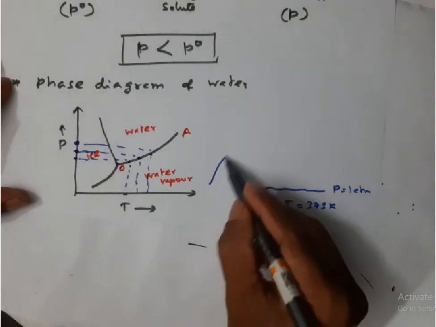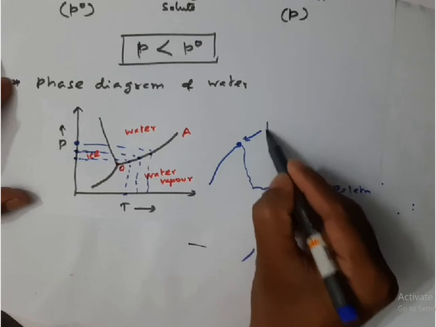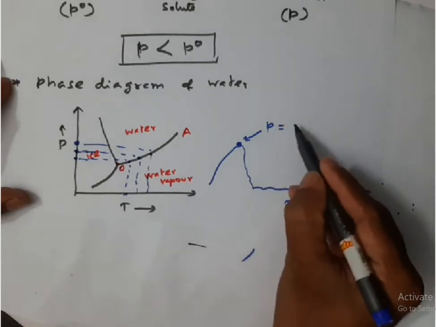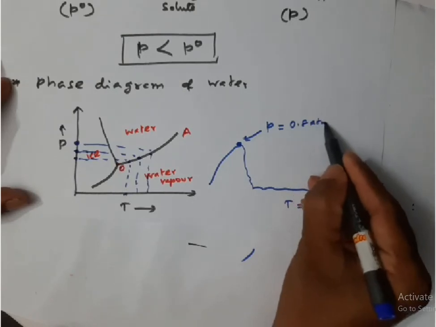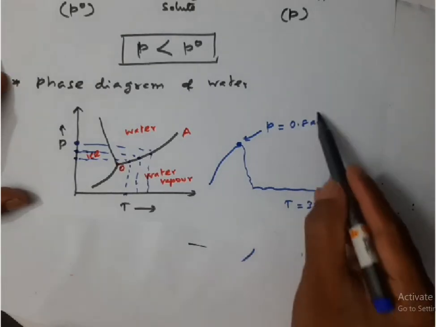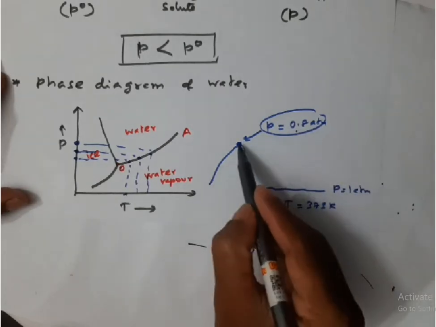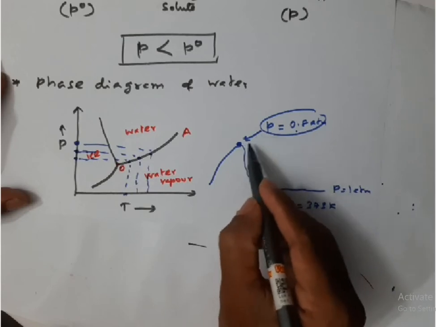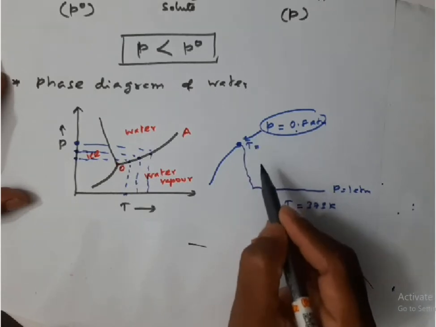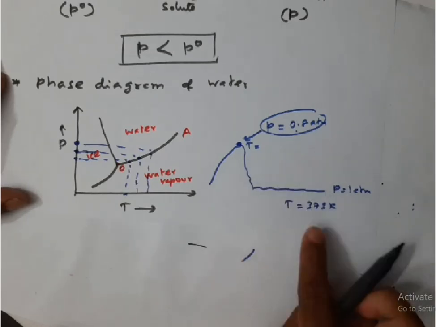But if you go to some hill station, at the top of the hill station, the external pressure will be less than 1 atmosphere. Say for example, if it is 0.8 atmosphere, as the external pressure is low, boiling point also low. So at the top of the hill station, the boiling point of the same water will not be 373 Kelvin.